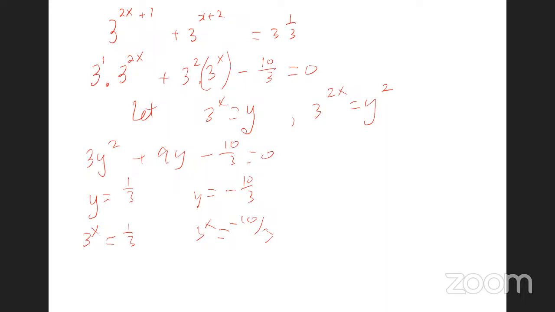Press mode, come down to equation, 2 variable, that's a quadratic. Plug in A, plug in B, plug in C, that's minus 10.